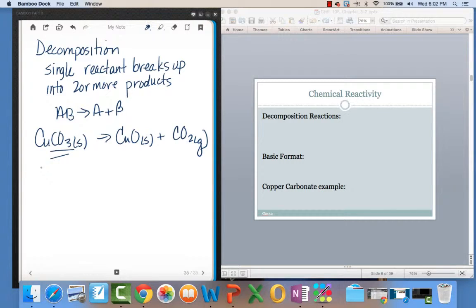Just another example here, we can do the opposite of the synthesis. We can take copper hydroxide and it can form copper oxide solid and water.